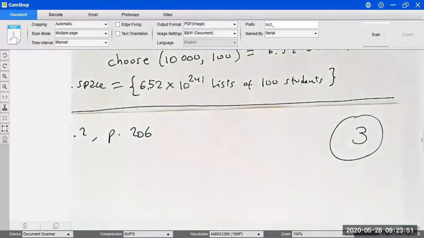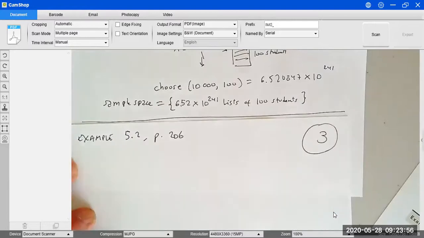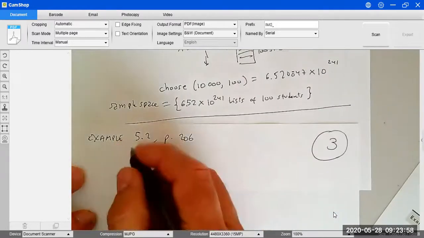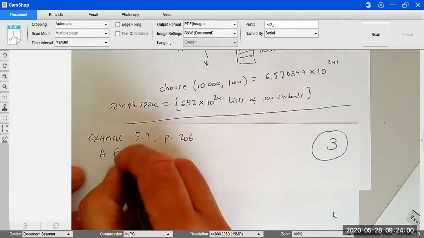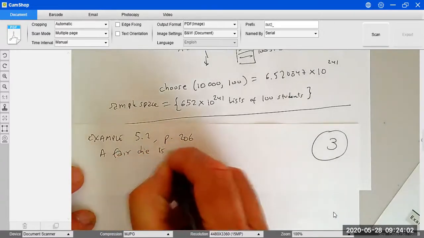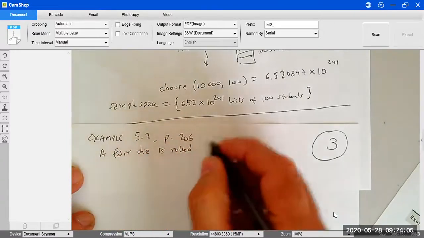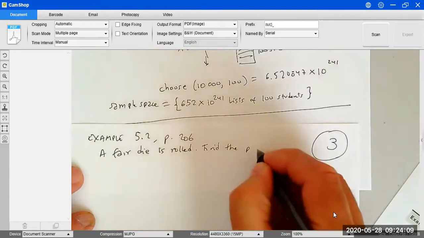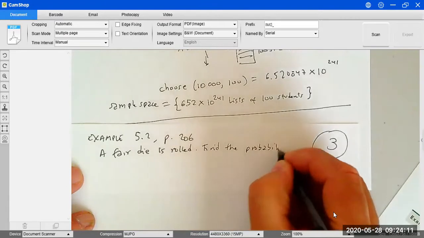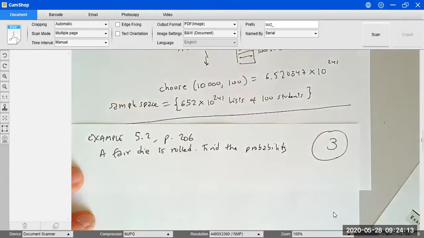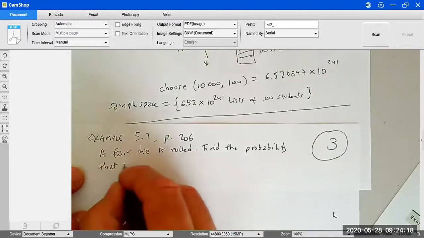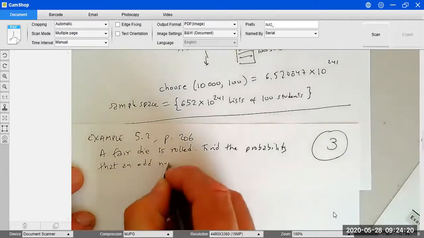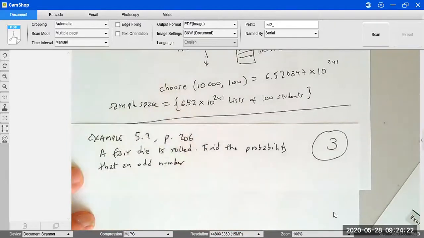So we have then a die. So if a fair die is rolled, and we're going to find the probability that an odd number comes up.